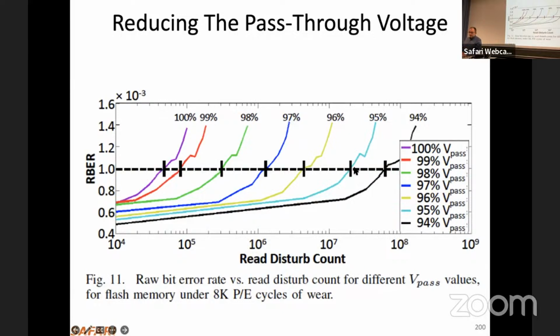So by reducing VPass, for example, from 100% to 94%, only a 6% reduction, you can significantly increase the lifetime, from something around 5 times 10 to the power 4 to something around 10 to the power 8.